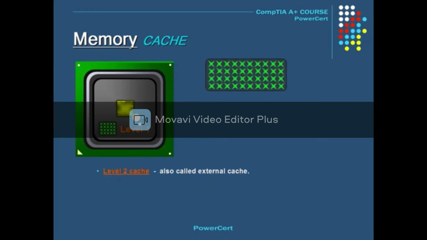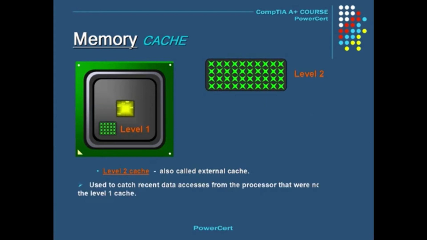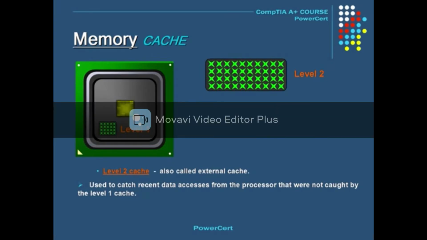And there is also level 2 cache, which is also called external cache. And level 2 cache is used to catch recent data accesses from the processor that were not caught by the level 1 cache. So in a nutshell, if the CPU can't find the data it needs on the level 1 cache, it then searches the level 2 cache for the data.